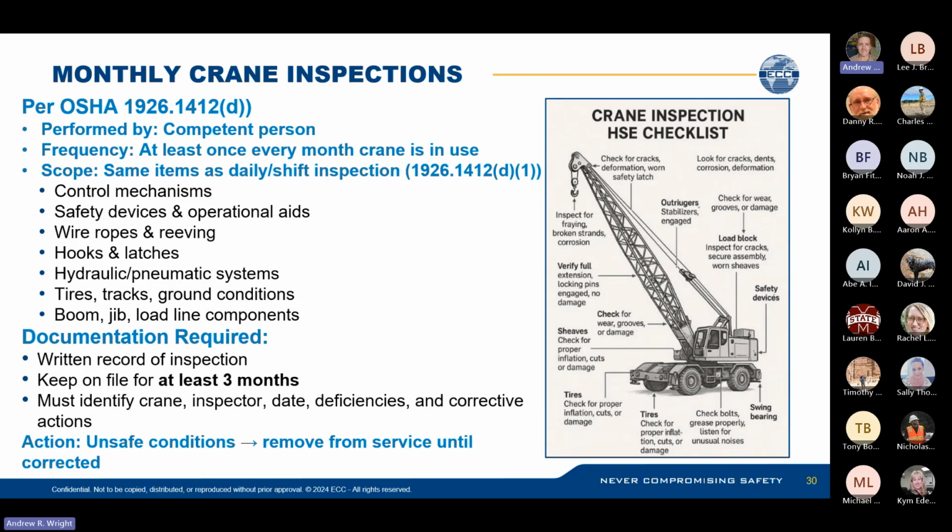Documentation is required, so you have to have a written record of this inspection and keep it on file for at least 3 months. You must identify the crane, the inspector, the date, deficiencies, and corrective actions. Any unsafe conditions will result in the removal of the crane from service until it is corrected.